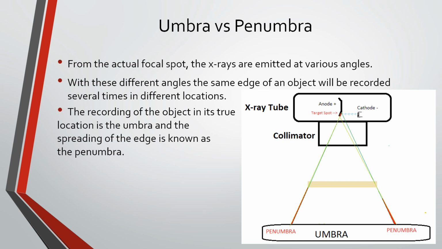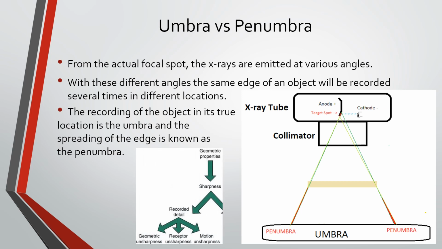Penumbra is the blurriness due to geometric effects of the image. So as we can see here, it's geometric properties, the sharpness, and the geometric unsharpness. So penumbra falls under this category right here.